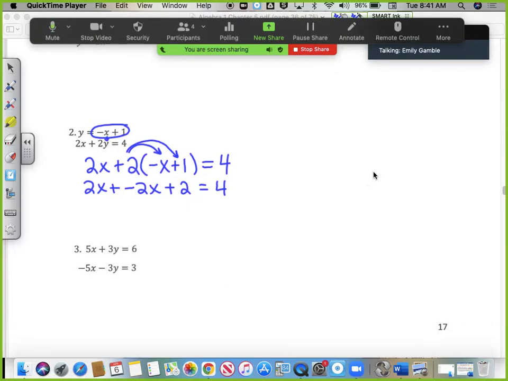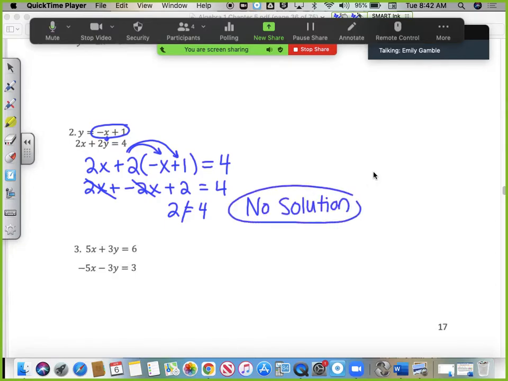When I go to simplify and combine like terms and solve for x, I notice that 2x plus -2x, or 2x minus 2x, these are actually going to cancel. And I'm left with 2 is equal to 4, which is also not true. Whenever this happens and the variables cancel out and you're left with a false statement, that means that these two equations don't ever cross because they're parallel, which means there's no solution to the system because the lines don't touch.